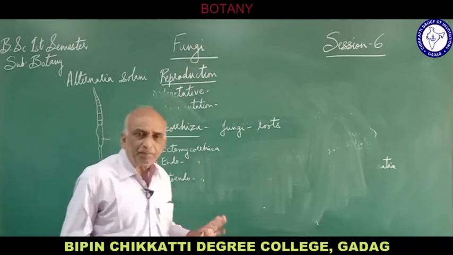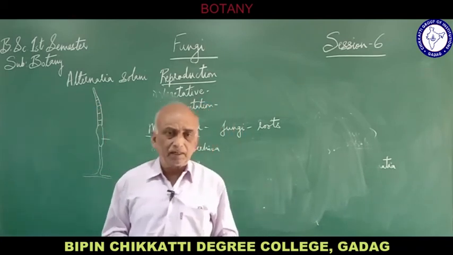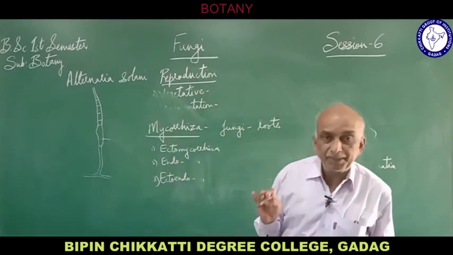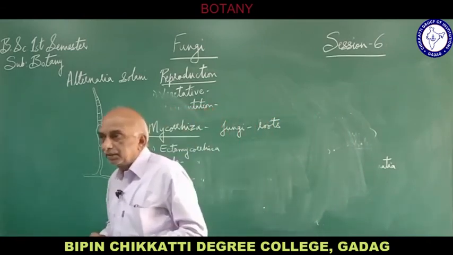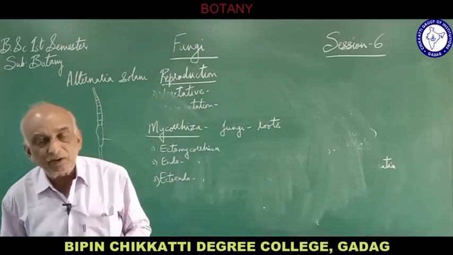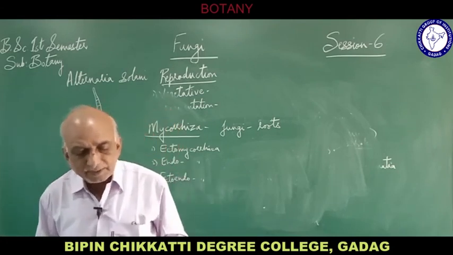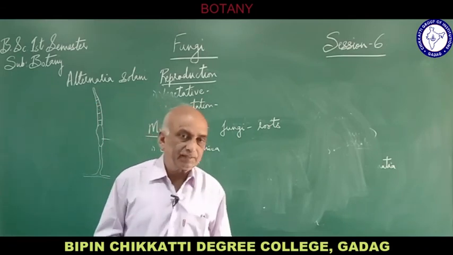Endomycorrhiza means they are completely inside. They may even be intracellular. These hyphae penetrate the root hairs, epidermis, and the cortex of the root, and the hyphae are even intracellular in the cortex region. Such a type of association is called endomycorrhiza.